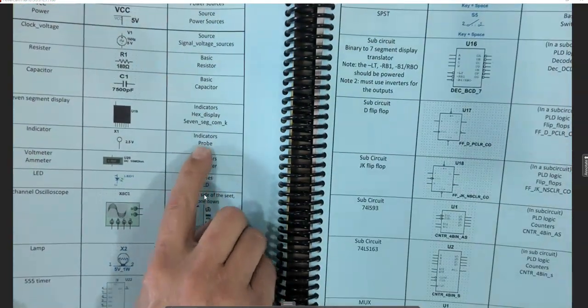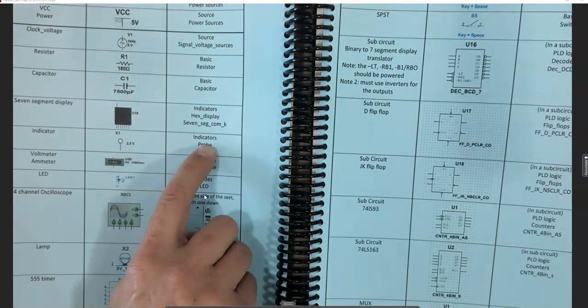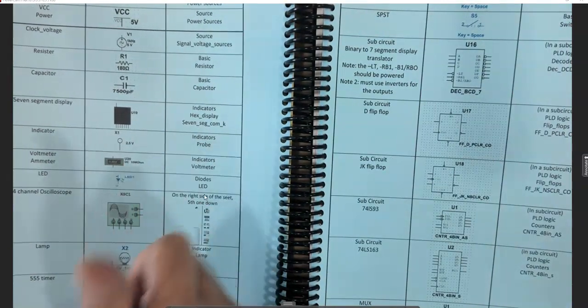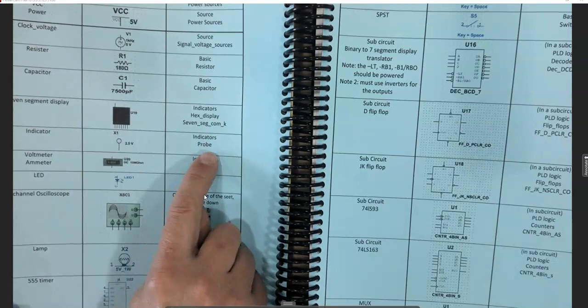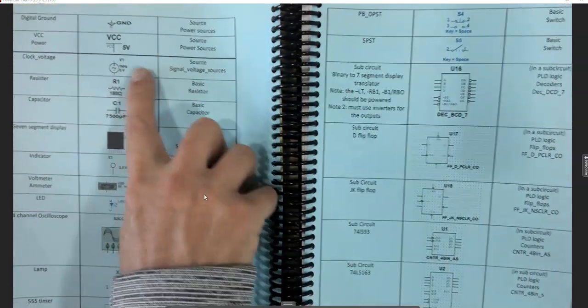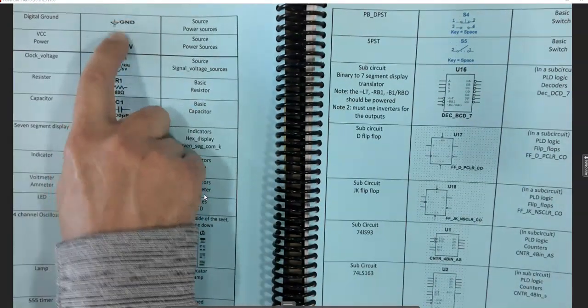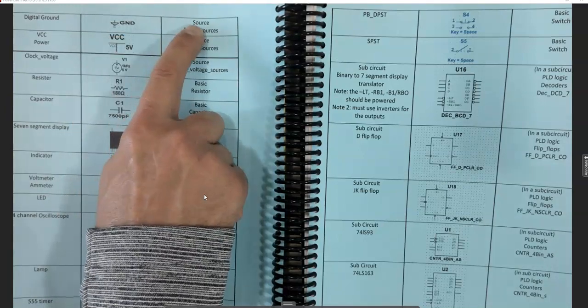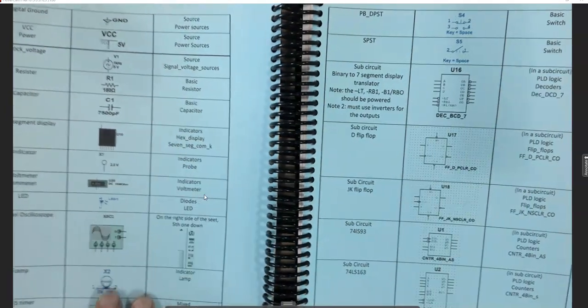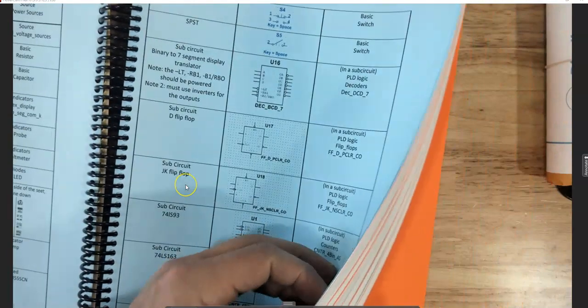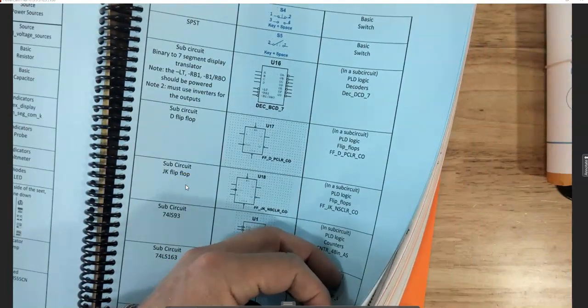They also have probes. Indicators, that's under Indicators and Probe. So I think you need a switch, you need probes, and you need the power, so VCC, and the ground. Those are under Source. But anyway, you've got this to look through and find stuff, so don't forget about that.